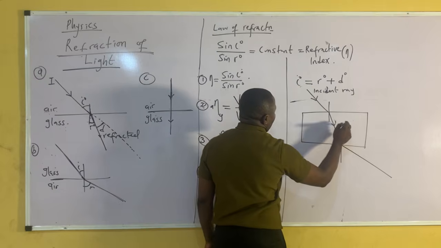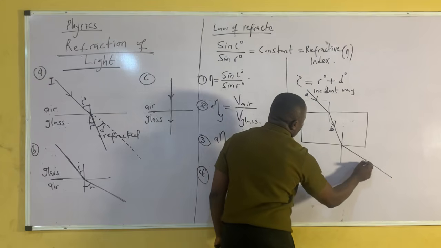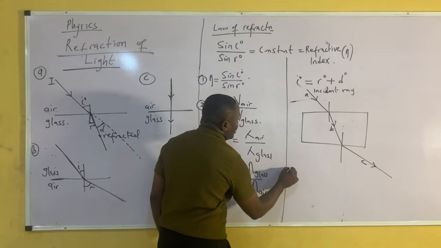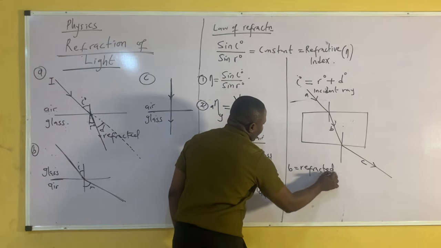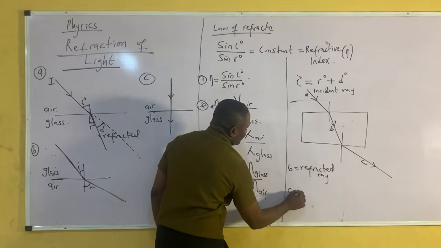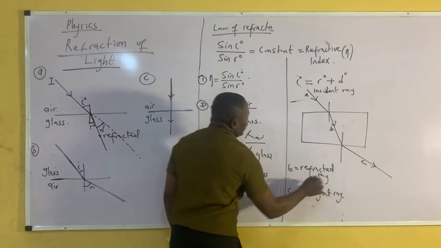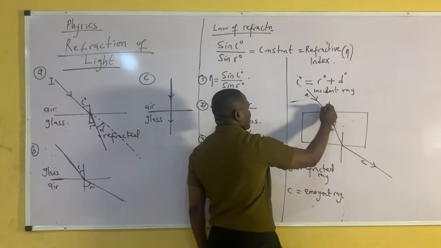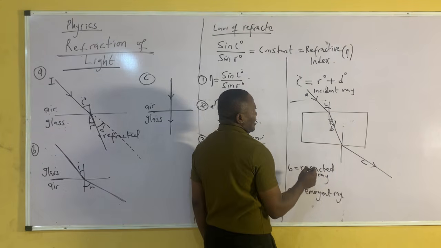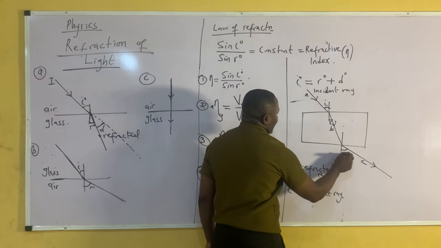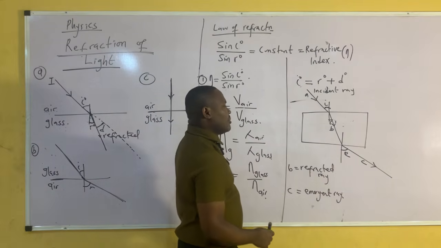Let me label it A, B, and C. A is the incident ray. B is the refracted ray, while C is your emergent ray. This is my angle of incidence, this is my refracted angle, and this is my emergent angle.